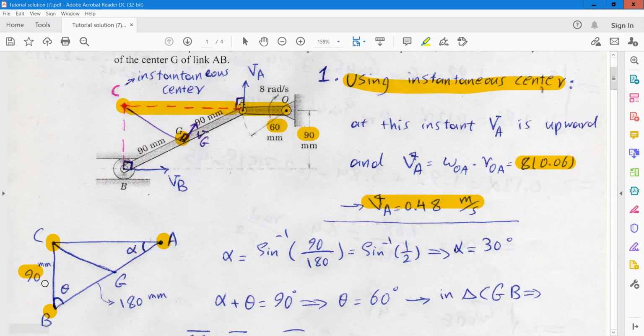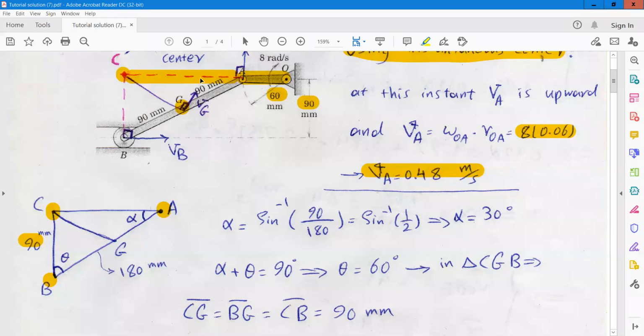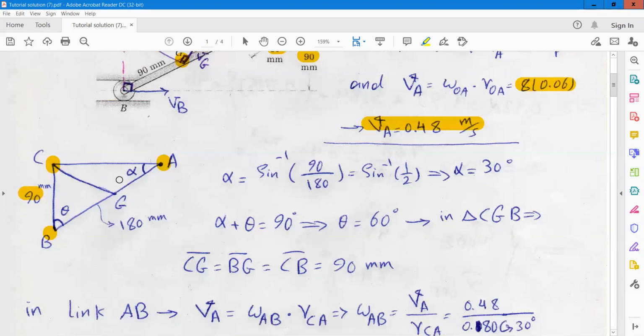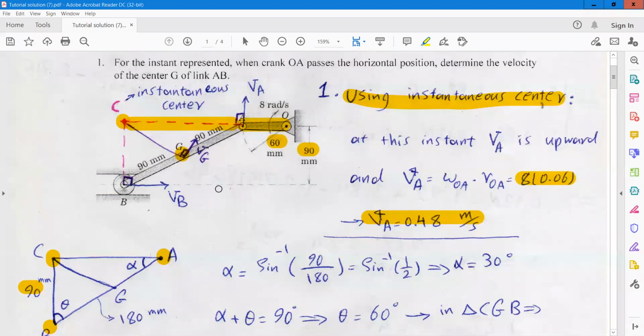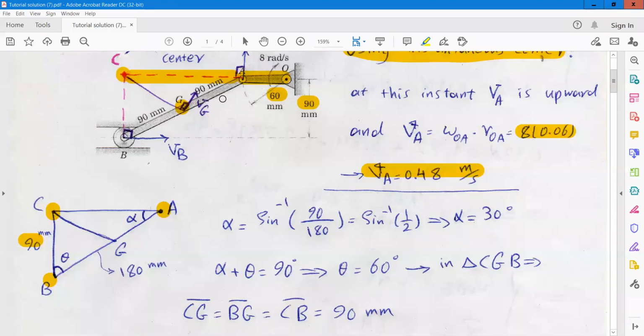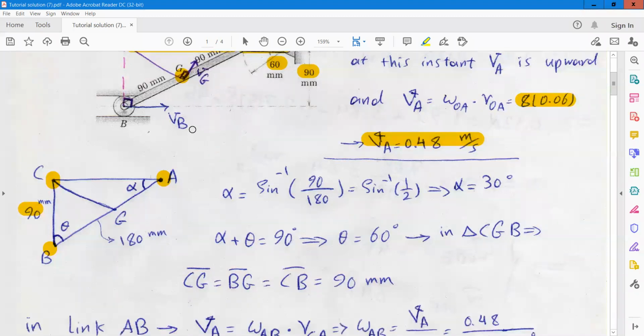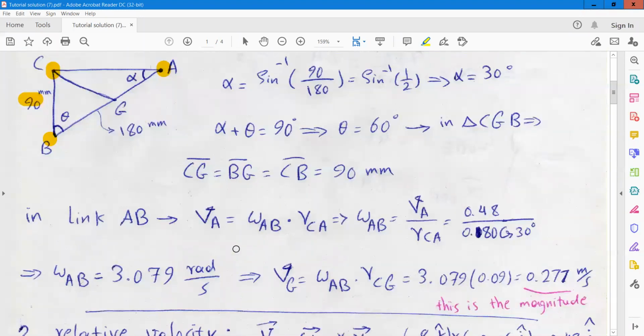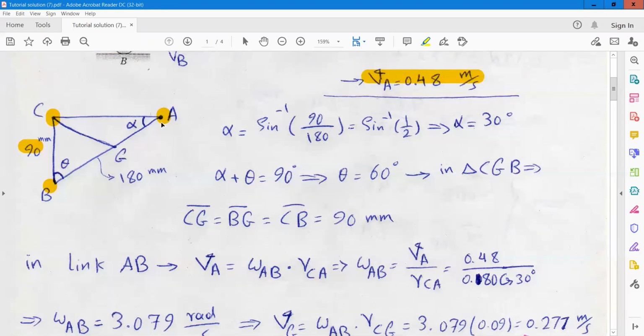So easily we can find alpha, theta, and the length CA. So this is from the trigonometry relation and the geometry of the problem. You can obtain CA, and also you can find the angular velocity for link AB. So from the trigonometry and from the geometry, you can easily find RCA, or the distance between point C and A.